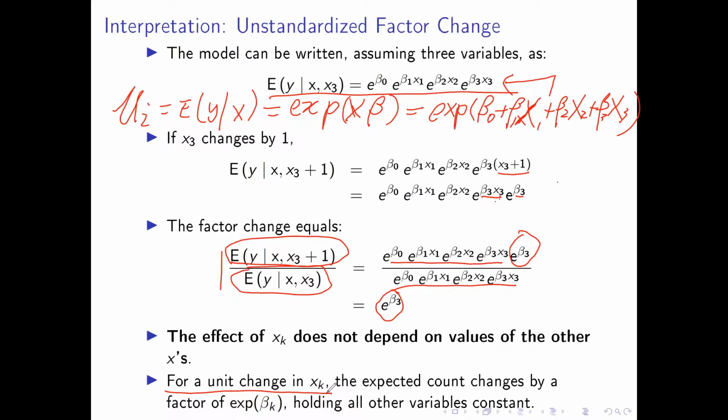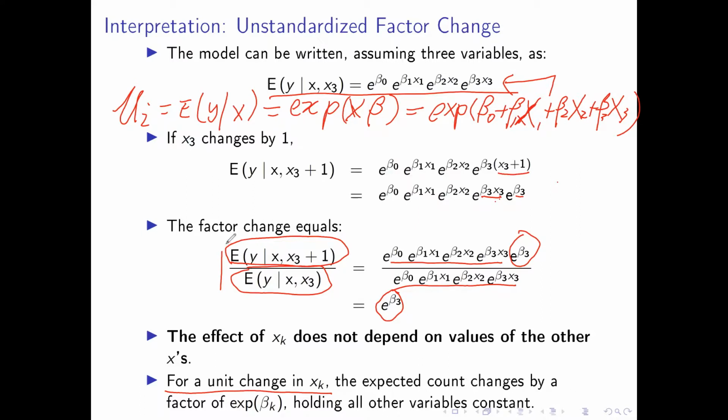So in this case, we say, well, for a unit change in xk, the expected count changes by a factor of the exponential function of beta k, or e raised to the power of beta k. So in our example, it is beta 3 for x3. And we're going to say, holding all other variables constant. Why can we say that?